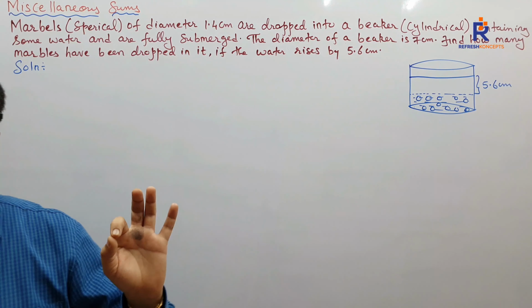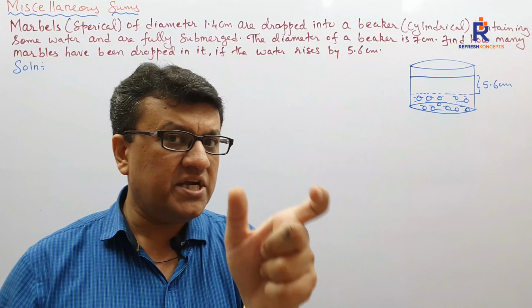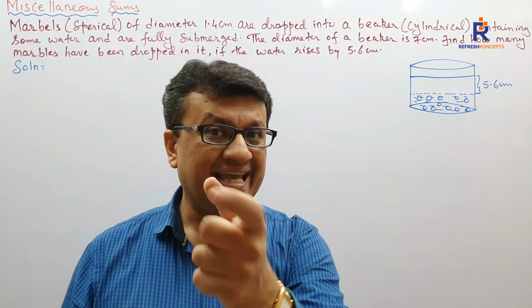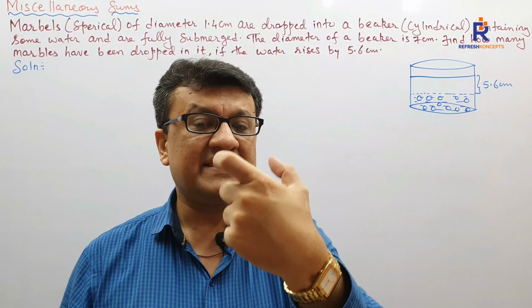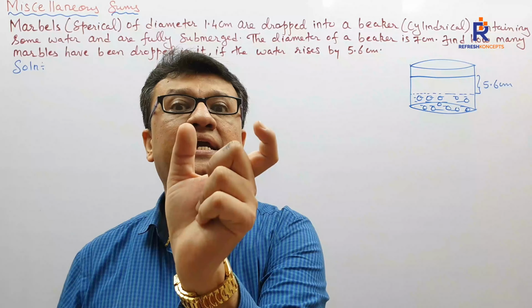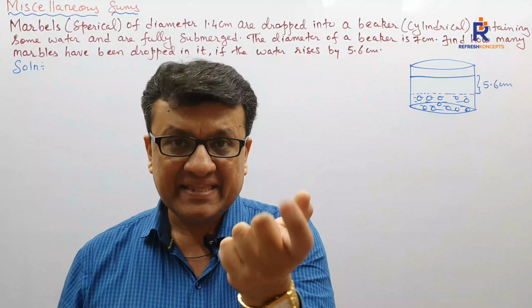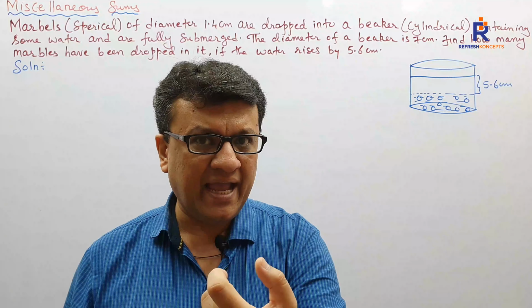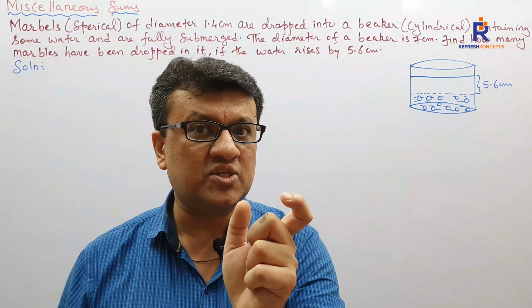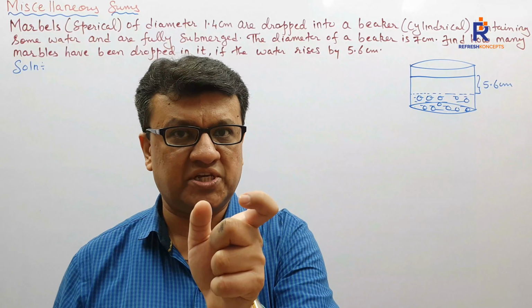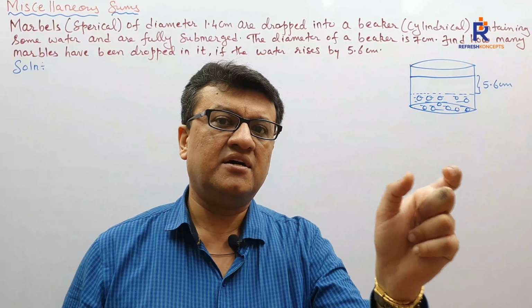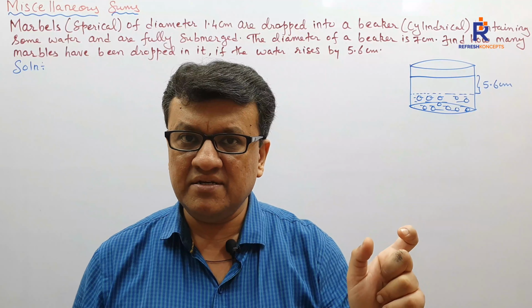Here comes the formula. What did you all do? 3000. In my language, that is the volume of the bigger object. Thereafter, you said divide by 100. In my language, that is the volume of each smaller object. That will give me the number.